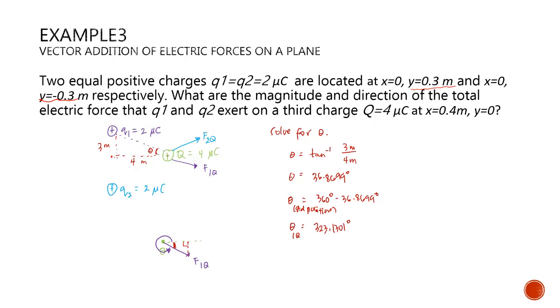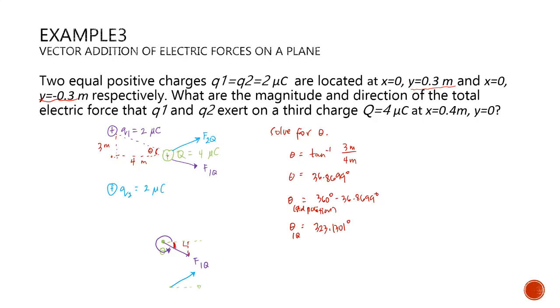Next would be the angle for F sub 2Q. Basically, it's a similar angle. It's located in the first quadrant. So actually, that angle is the same angle, the 36.8699, right?